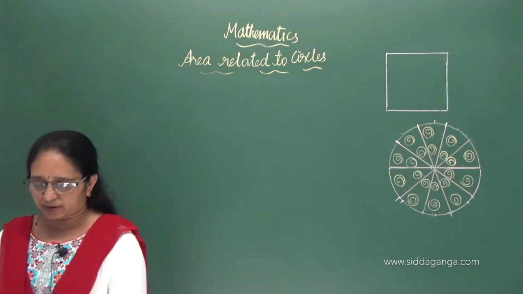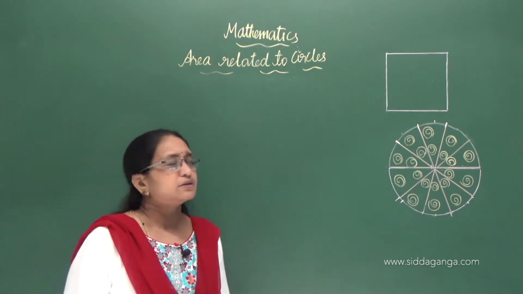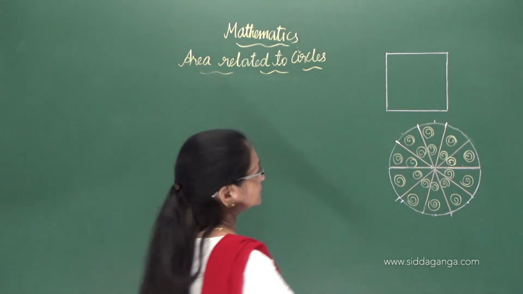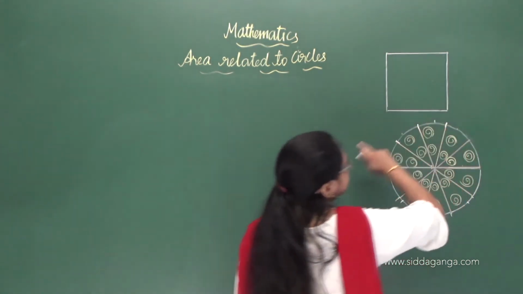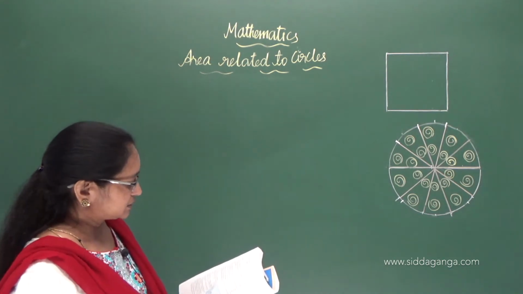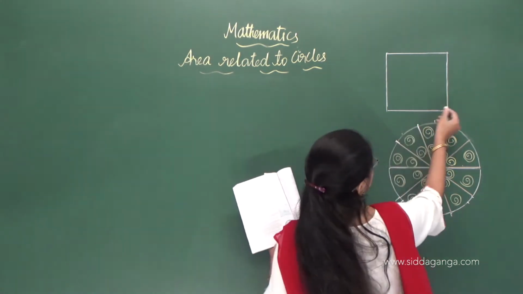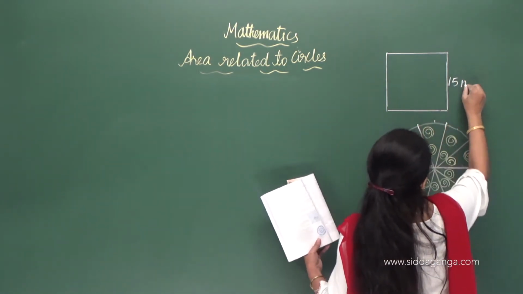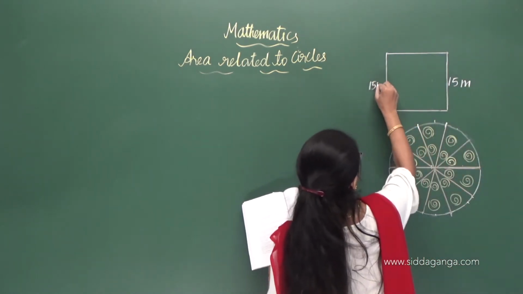So this is the problem where you have a square grass field, and the side is 15 meter. The measurement of the side is 15 meter.